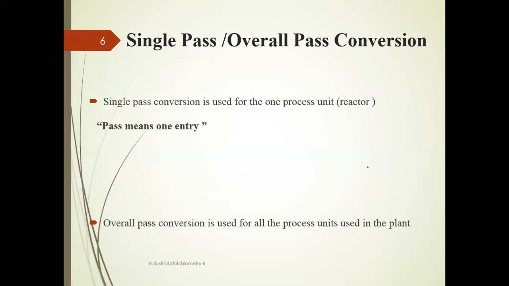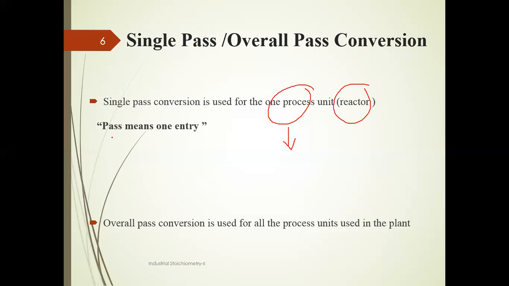You can remember that single pass conversion is used for one process unit. As chemical engineers, we have already studied that a process unit is where a chemical change takes place, where a chemical reaction is occurring. A reactor is the best example of a chemical process unit.